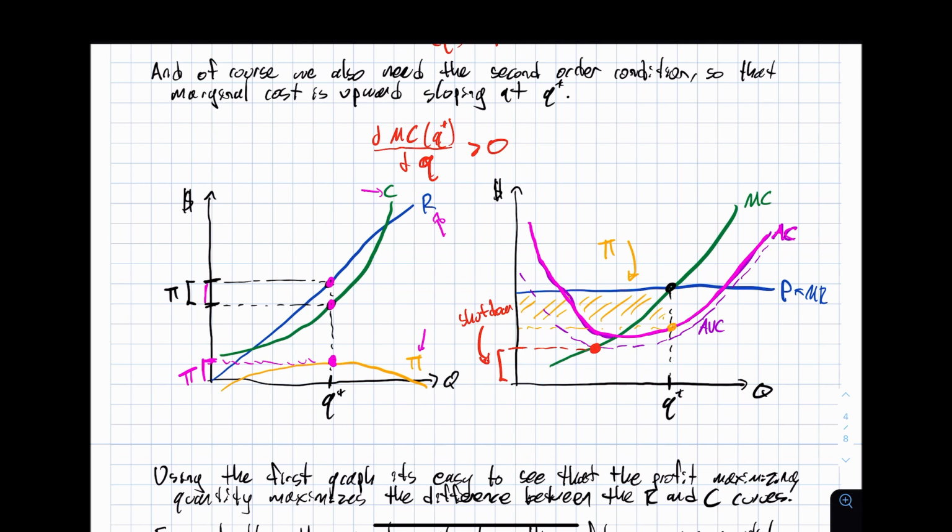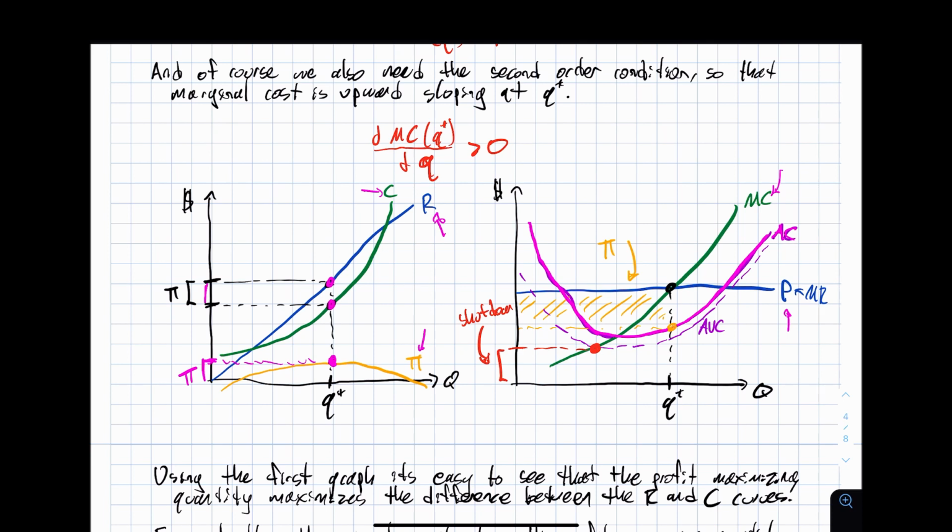But it's often more useful to think of these markets in terms of the averages and the marginals. So on the graph on the right, we have marginal cost. We have our price.